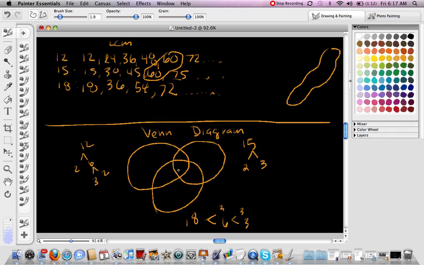I'm going to put in my Venn diagram what's common in the center. So I see this has a 3, this has a 3, and this has a 3. Good. Let's see, anything else shared? Oh, by the way, this should be a 5. Pardon me. Anything else shared?